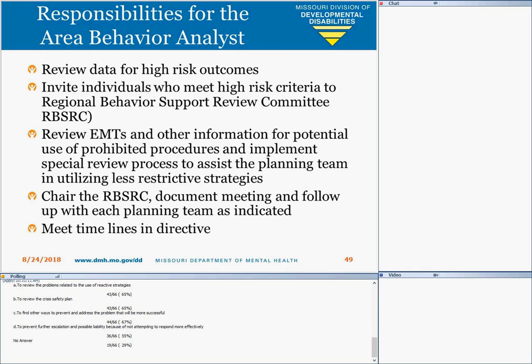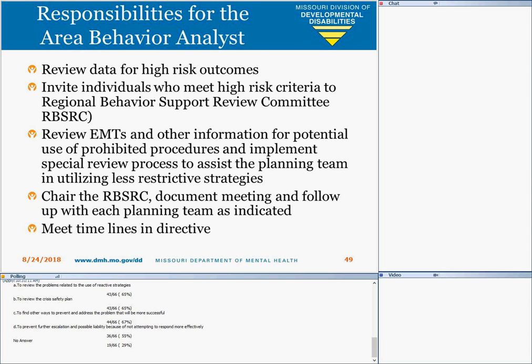Now, the area behavior analysts. There are three area behavior analysts in the state, and they are each affiliated with four or five regional offices. The Eastern Area Behavior Analyst is Melantha Witherspoon, physically located in the St. Louis region and responsible for Hannibal, St. Louis, and Sikeston.